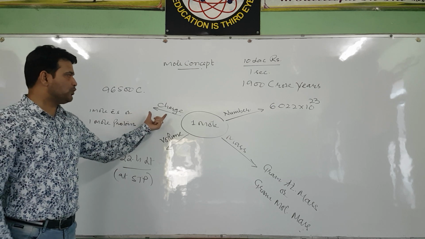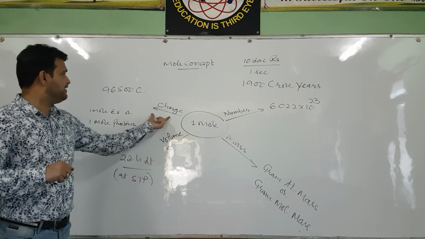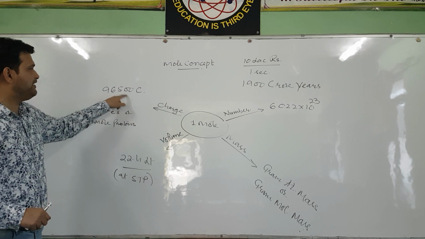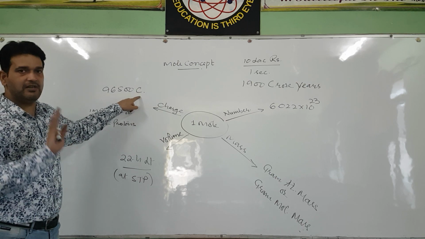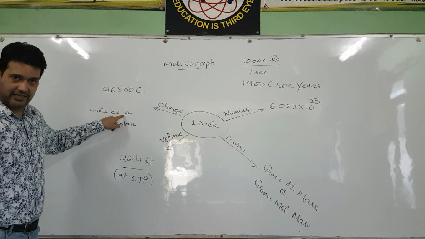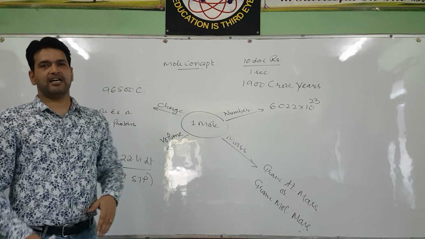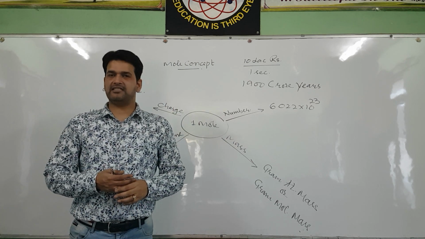And for electrons and protons, when 96500 coulomb charge is there, it means there will be 1 mole of electrons or 1 mole of protons. So in these terms, the mole concept is expressed.